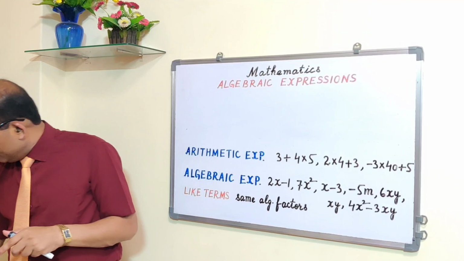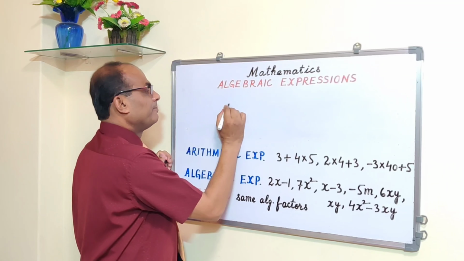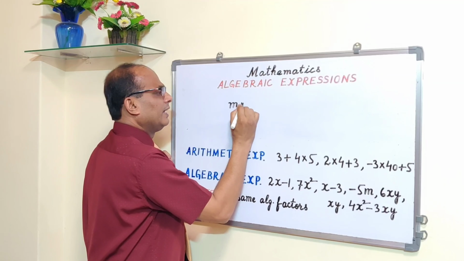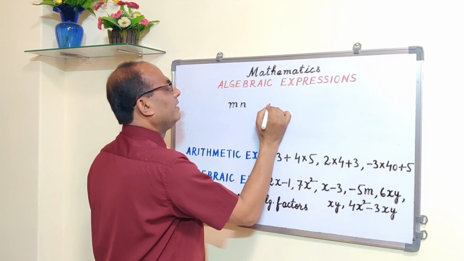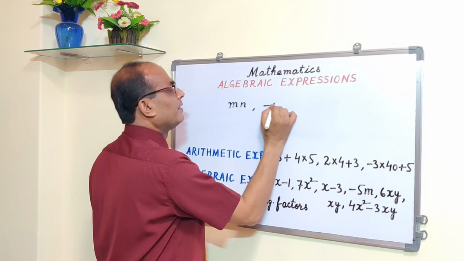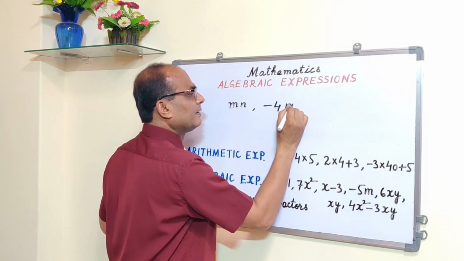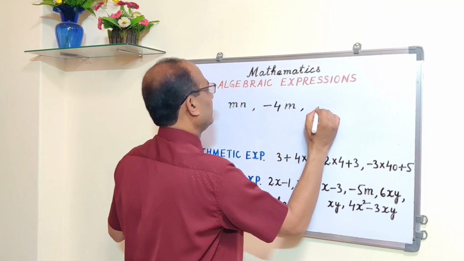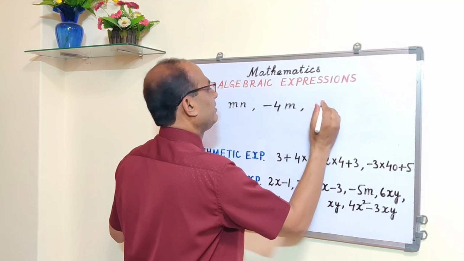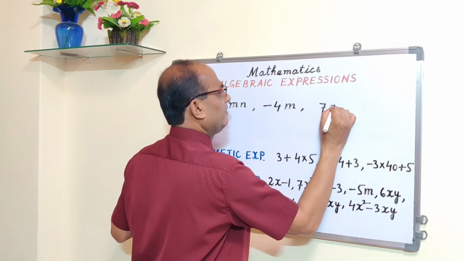Same algebraic factors. Suppose I write mn, or simply mn, and one is minus 4mn, and one is 7m.